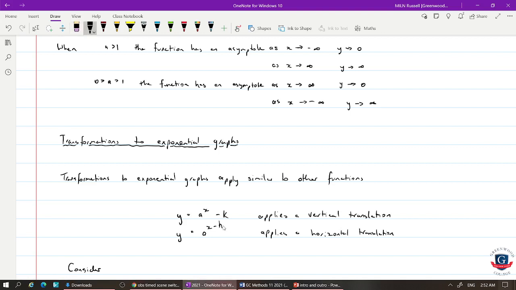Right, there we go. So if we subtract a value from the exponential part, it's going to move it up and down. If we subtract from the index, it will move it left and right.